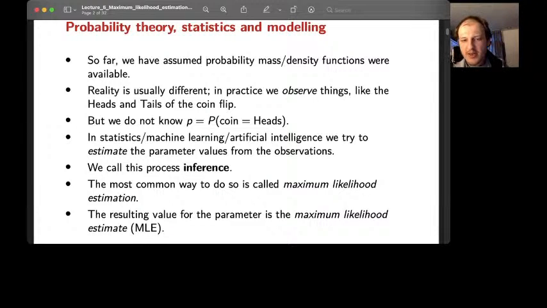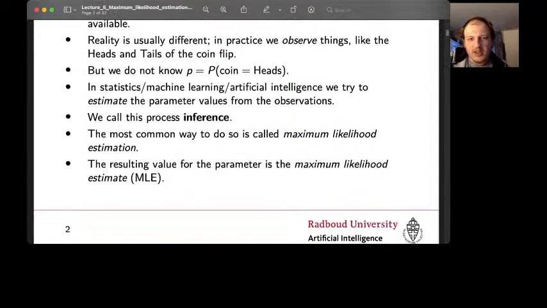So the process of maximum likelihood estimation is basically to retrieve the parameters of the distribution. Before, what we did in the course was you have the parameters, like mean and standard deviation, and then you compute some probability, or you have the n and the p and compute the binomial.